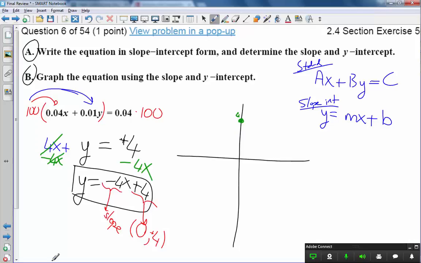How do you make a -4 slope here? Negative means you're going down, so every one step you go right, you must drop 4 units down. So I will move 1 step right and drop 4 down. 1, 2, 3, 4. Oh, I hit this value there.